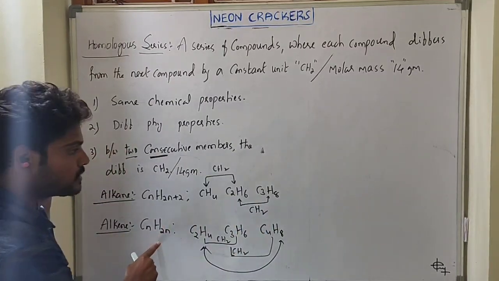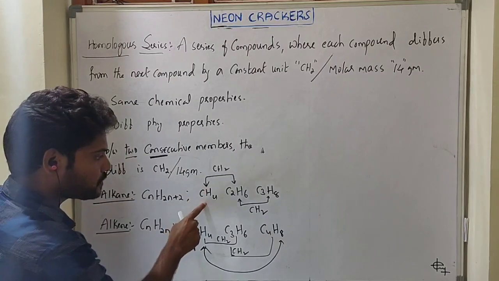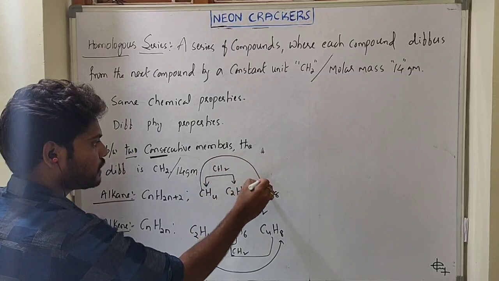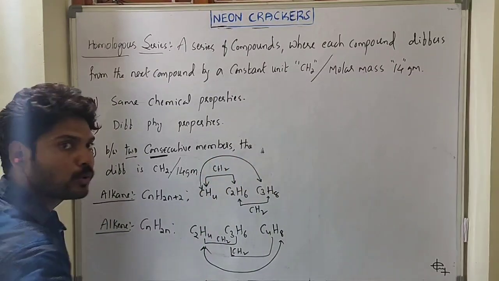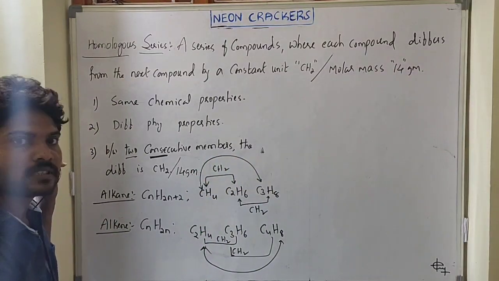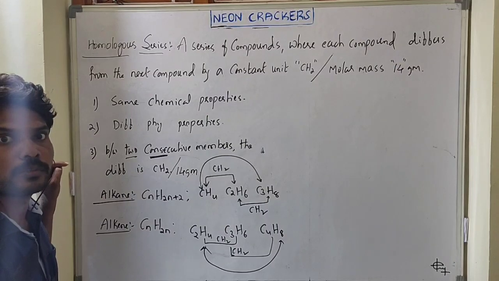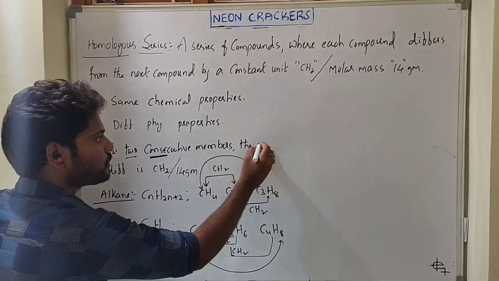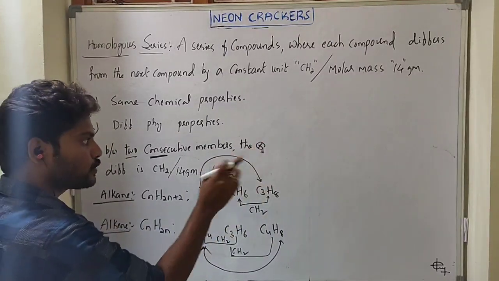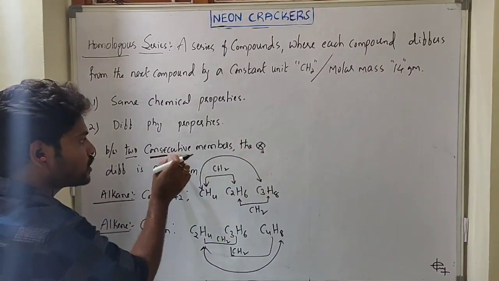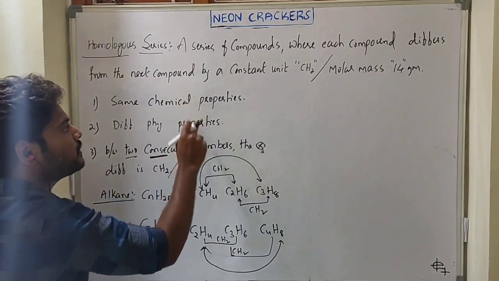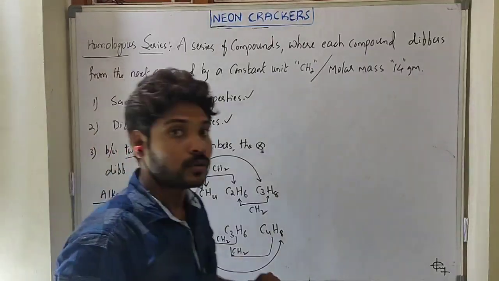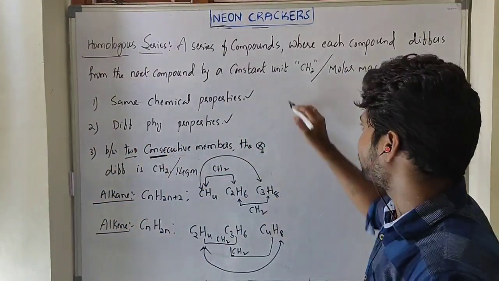In the same manner here also, first member, second member, third member. So if you check from here to here, these two also belong to the same homologous series. There is no CH2 difference, but these two are not consecutive members. This is the first member, this is the third member. So we should not focus only on this, but on the difference between two consecutive members, CH2, along with the other two conditions. These two conditions are very, very important.